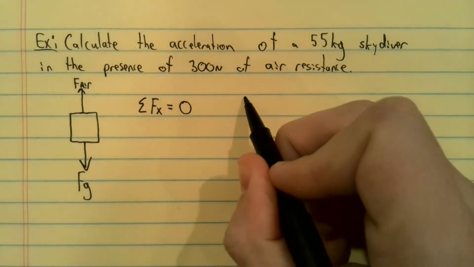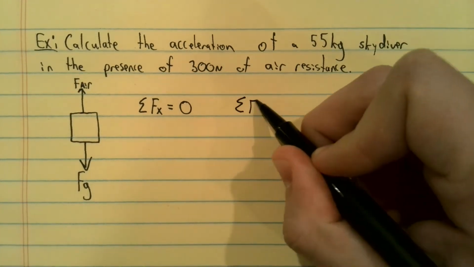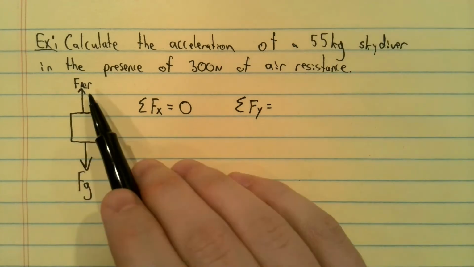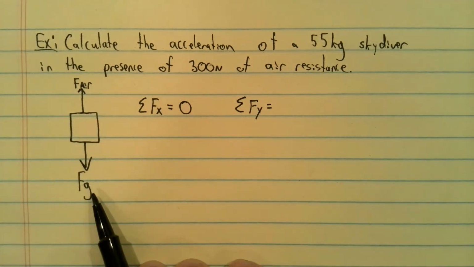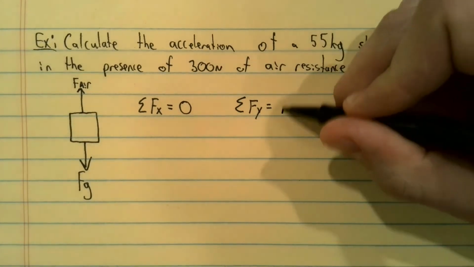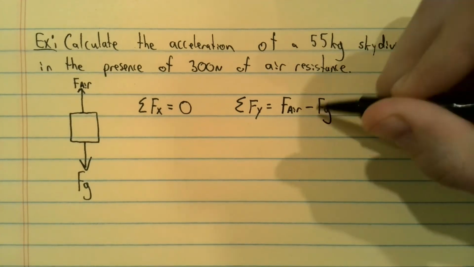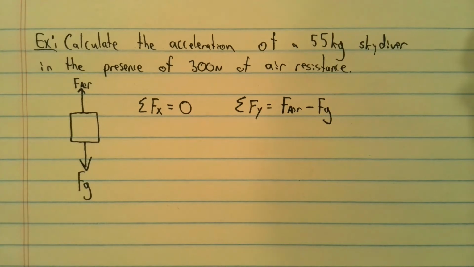What's the sum of the vertical forces? Well, the vertical forces are F air and Fg. The sum of these forces would be F air plus negative Fg, or just F air minus Fg, because subtraction is the same as adding a negative. What are we trying to calculate? We're trying to calculate acceleration.